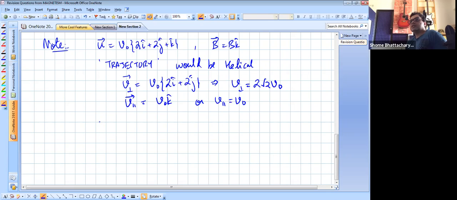So it has a radius of curvature of the circular path as this.